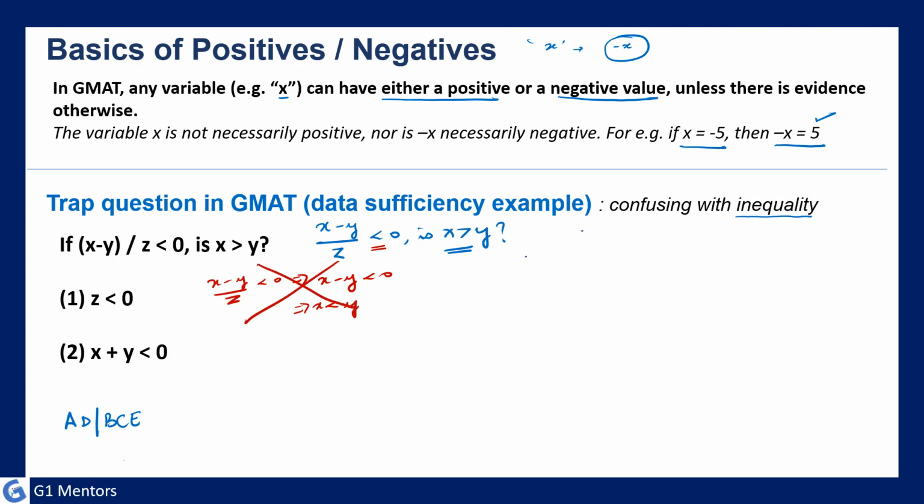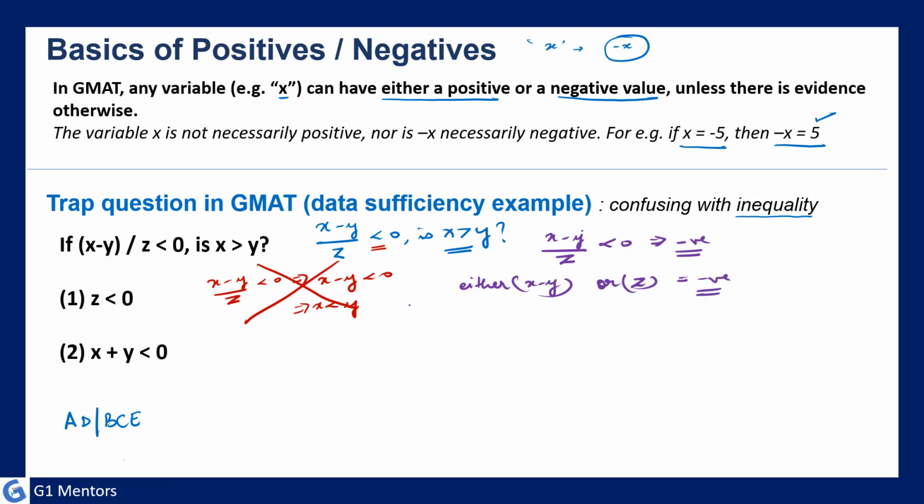So what do we do? If it is saying (x minus y) divided by z is less than 0, it is saying that this number is a negative number. So either x minus y or z, one out of these two is a negative number. We don't know which one.